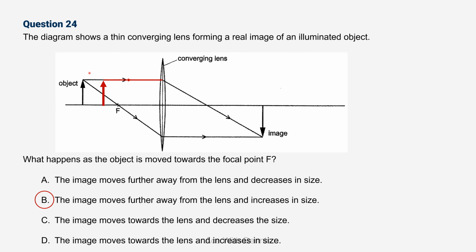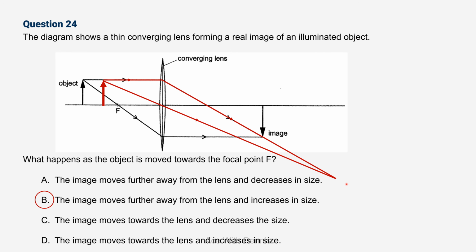As you can see, this ray is the same as this ray, so it will follow the same path. It bends and crosses the focal point on the other side, and then continues to move in a straight line. Next, the second ray will be from the tip of the arrow, pass through the center of the converging lens and continue to move straight.